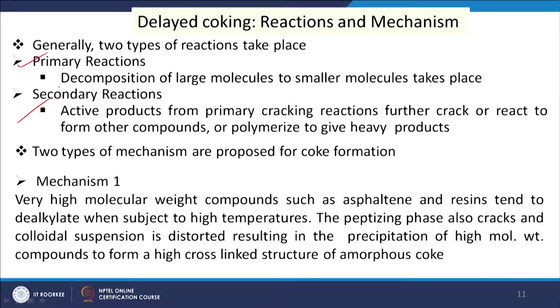So, primary reactions is your decomposition of large molecules to smaller molecules, and then active compounds from the primary cracking reactions further crack or react to form other compounds or polymerize to give heavy products. Already we have discussed two types of mechanism also. That is, one mechanism was for asphaltene precipitation and another was polymerization and condensation of aromatic compounds.